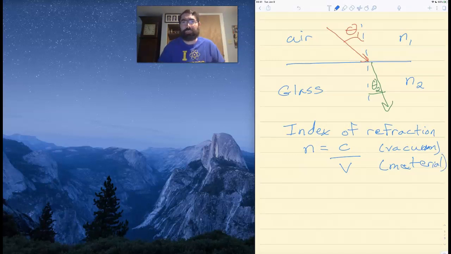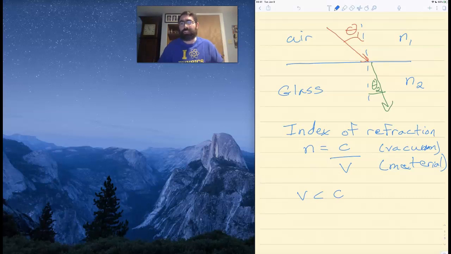Now, light slows down when it goes into a material, so the speed of light in a material, like glass or plastic or water, is always going to be less than the speed of light in a vacuum or air. Air is pretty thin, so we can call it the speed of light in air or in vacuum. So the index of refraction is a ratio of how fast light is moving with respect to the speed of light in a vacuum.